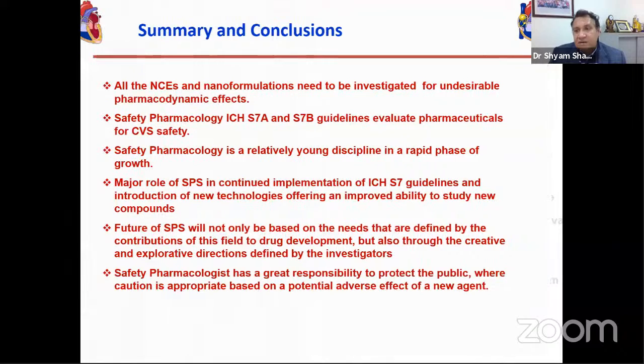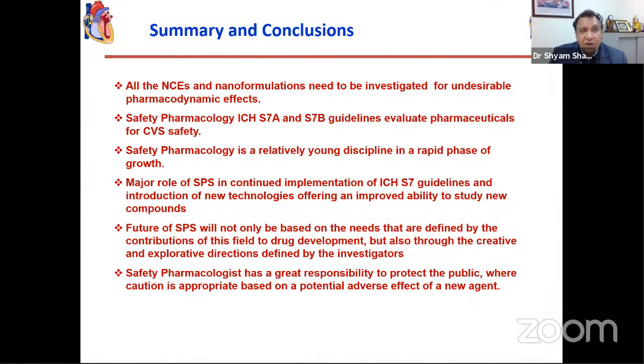So with these, I would like to summarize. All new chemical entities and nano formulations need to be investigated for undesirable pharmacology. Safety pharmacology S7A and S7B guidelines evaluate pharmaceuticals for cardiovascular safety. I can tell you that even for food nutraceuticals, some nutraceutical studies or some Ayurvedic or herbal formulation studies, they are also conducting these kinds of studies to make sure their formulation is safe for administration.